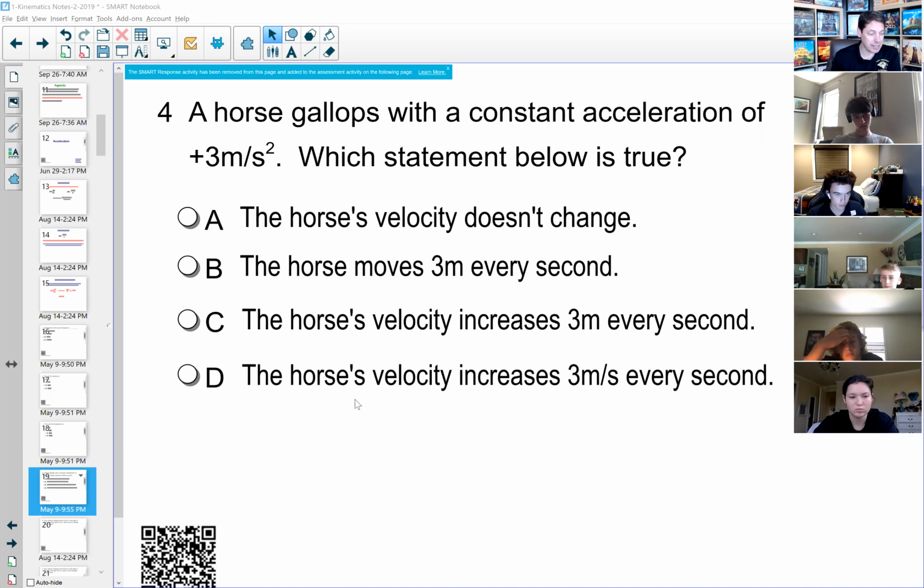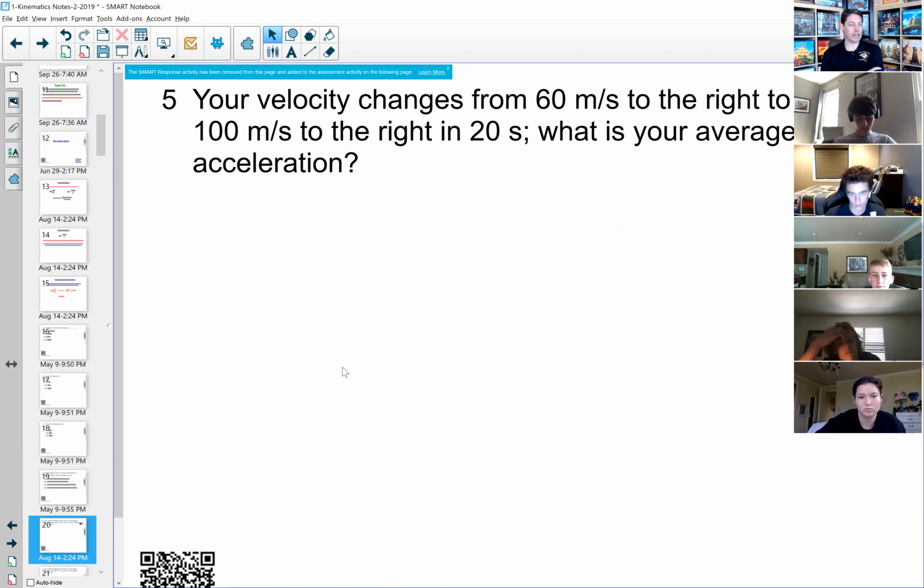All right, now let's try some math problems with this definition. Your velocity changes from 60 meters per second to the right to 100 meters per second to the right in 20 seconds. What is your average acceleration?